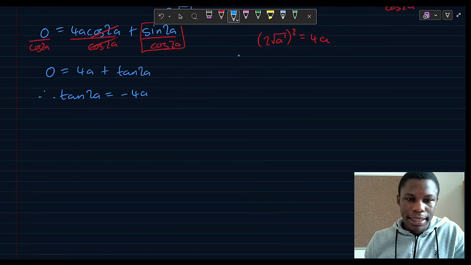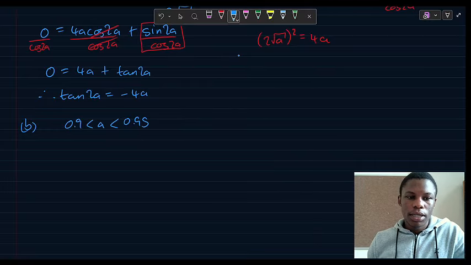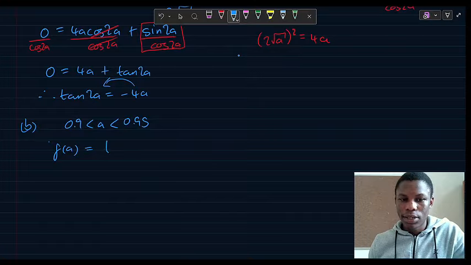Now part B says, show by calculation that a is between 0.9 and 0.95. So what we're going to do is create a function and call that function f of a. We're going to say let f of a be, you're going to take the negative 4a and move it to the other side, so that this becomes tan 2a plus 4a.